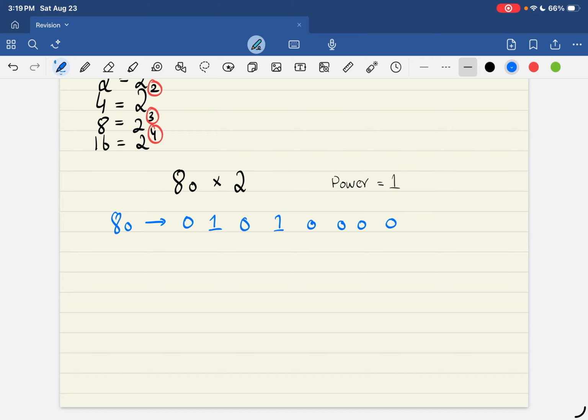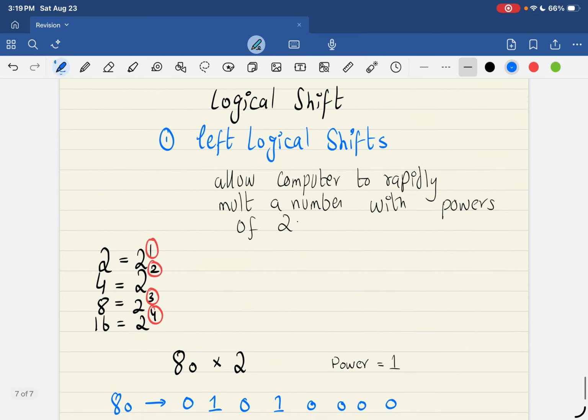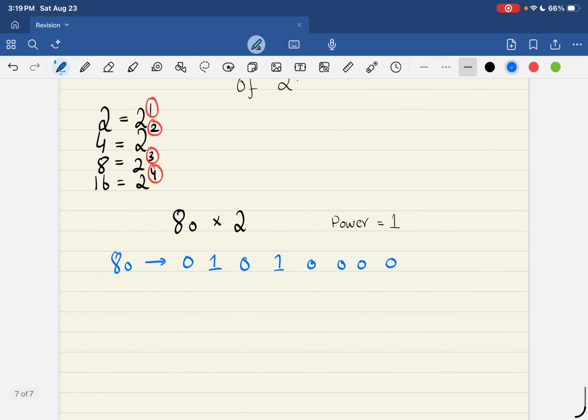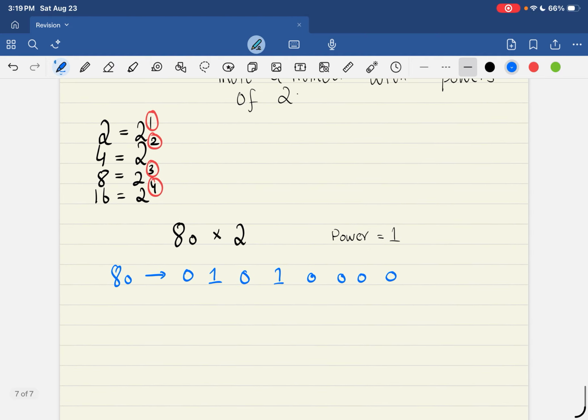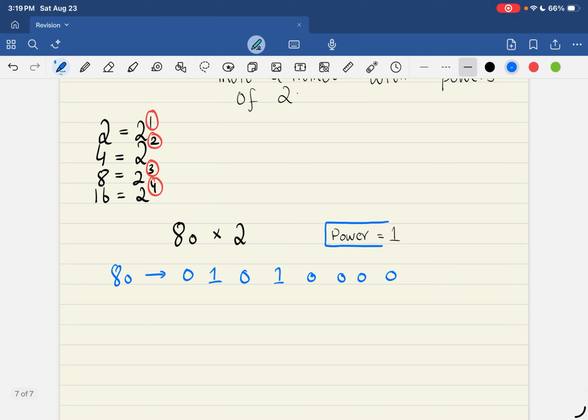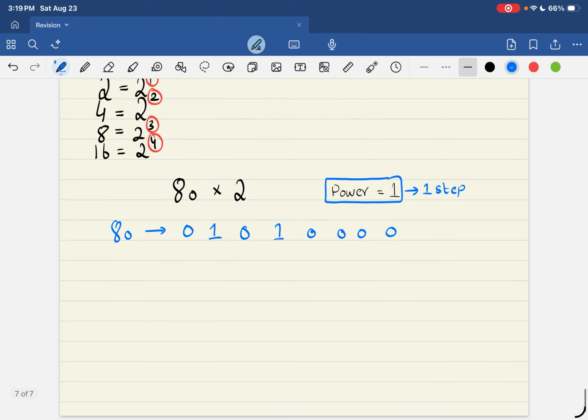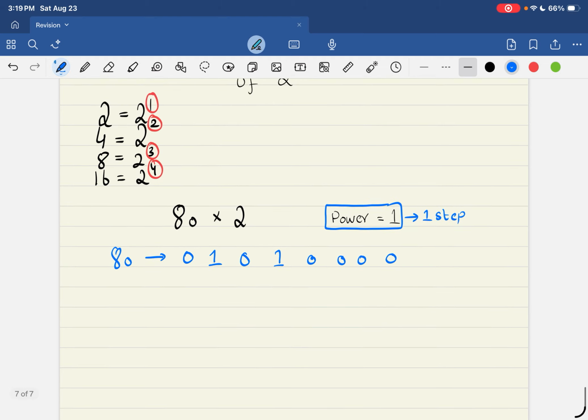Now, and this is why it's called left logical shift, you take all the bits of 80 and you move them exactly one step to the left in accordance with the power of 2. Because we are just required to multiply with 2 over here, we will just move all the bits to the left, hence the name left logical shift. And how many steps do you have to move them? One step to the left.